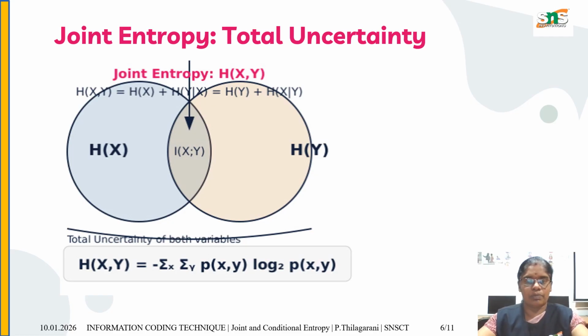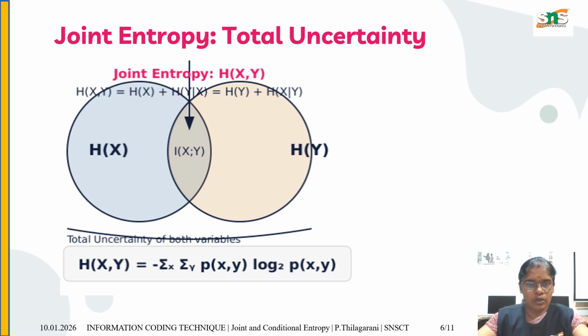In joint entropy, the diagram uses a formula. Entropy for two variables, X and Y, is declared as H of X comma Y. This is joint entropy. The formula equals minus summation over x, summation over y, p of x comma y, logarithm base 2 of p of x comma y.